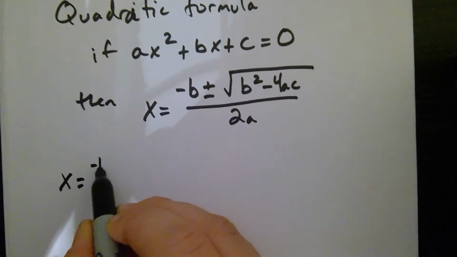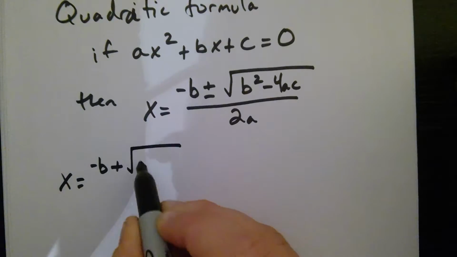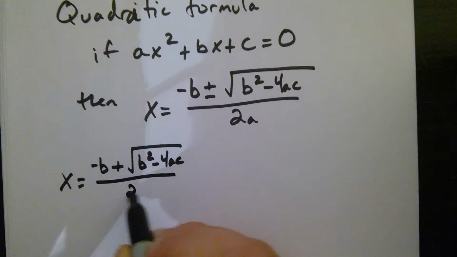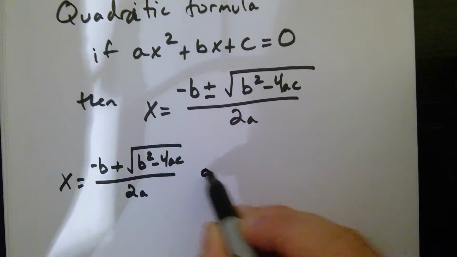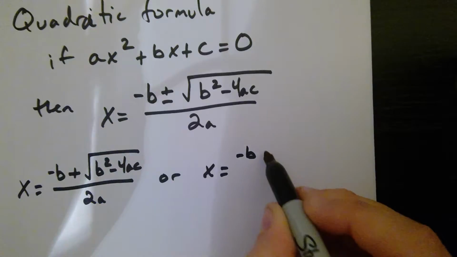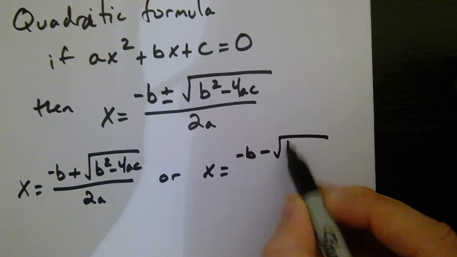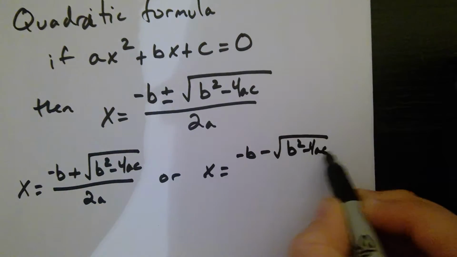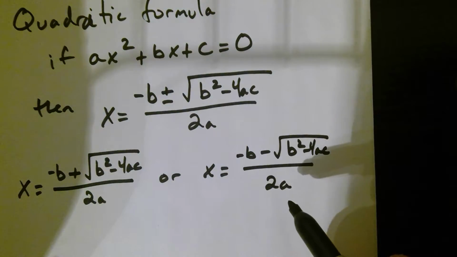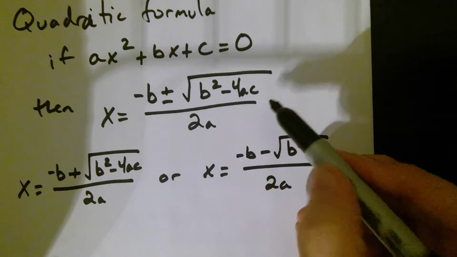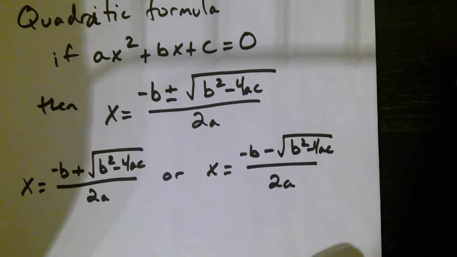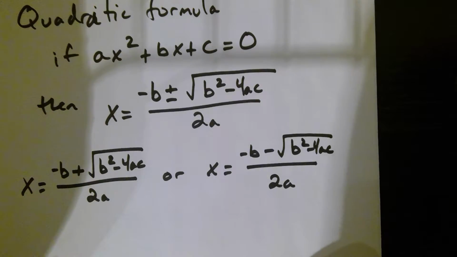You know that x equals negative b plus the square root of b squared minus 4ac all over 2a, or x equals negative b minus the square root of b squared minus 4ac all over 2a. These are the same. This I write as one equation, this I write as two. That's fine. I'll do a problem with both of them.